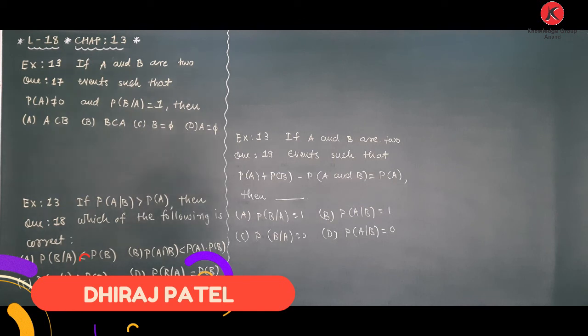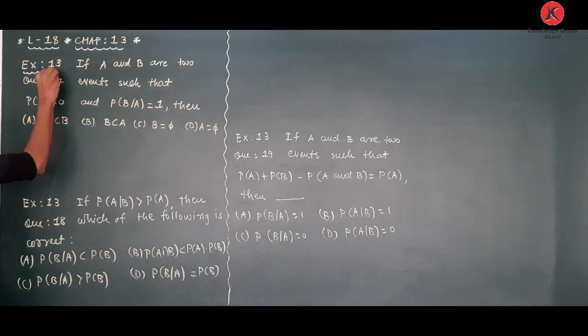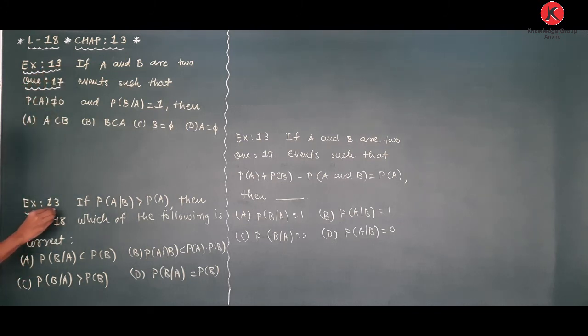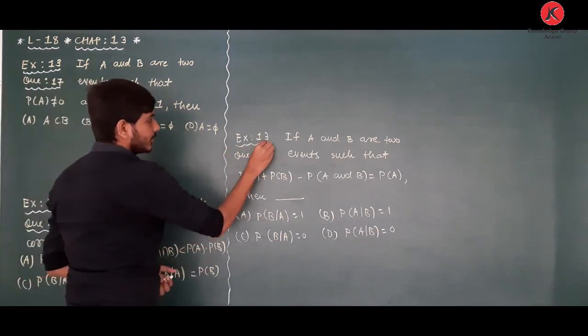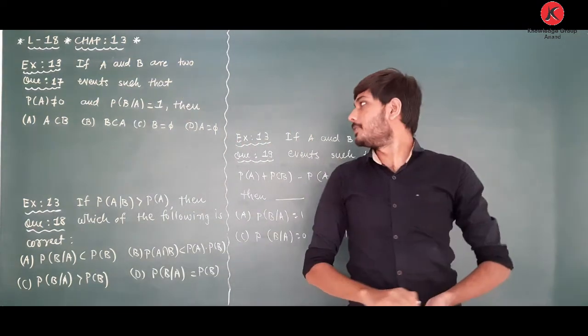Now, see, we are going to discuss 3 MCQs here: question number 17, 18 and 19 of your exercise 13. See the first question, which is quite easy.